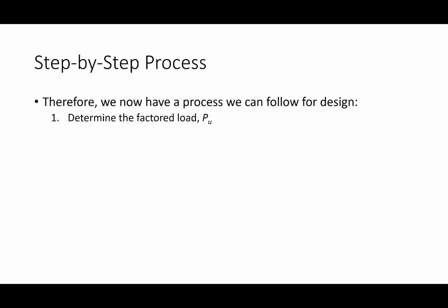How about factor the loads? That's the first thing you're going to have to do, right? Now, I put this in a separate step because, let's think of the 3 ways I can probably give you this. I could just give you the factored load. I could just say the factored load is 500 kips, move on. That's one way of doing it.